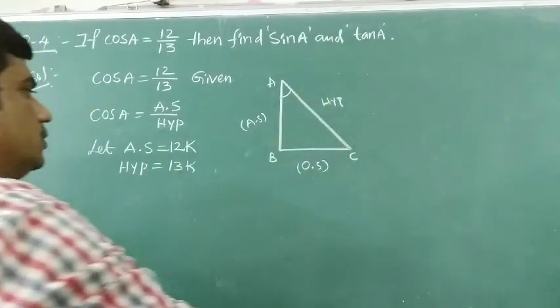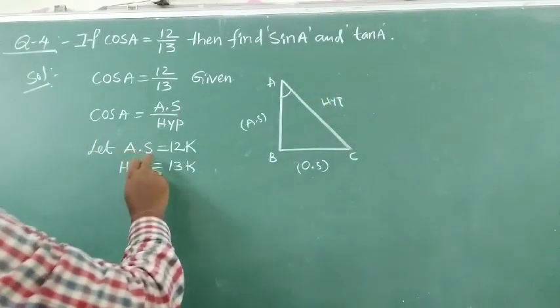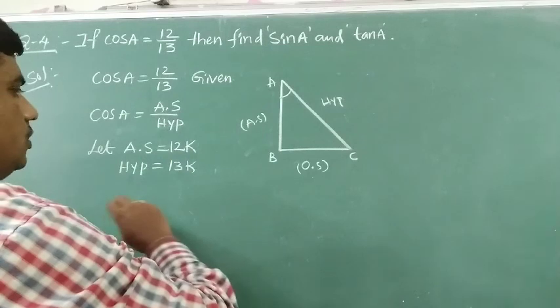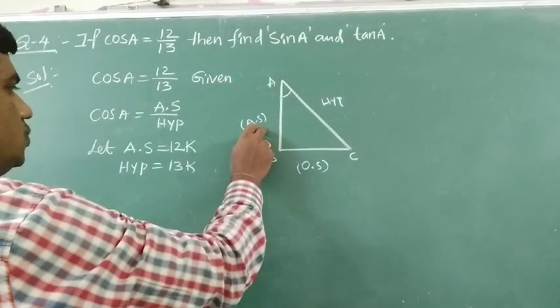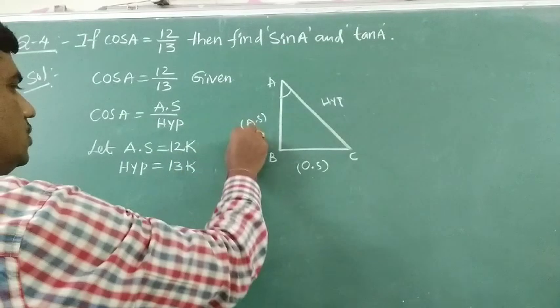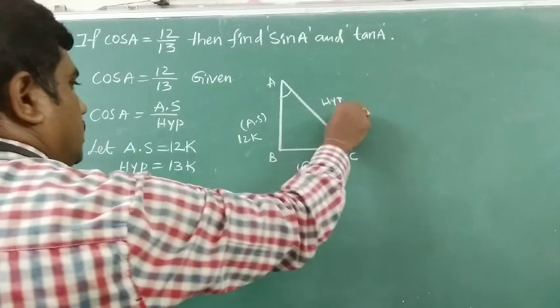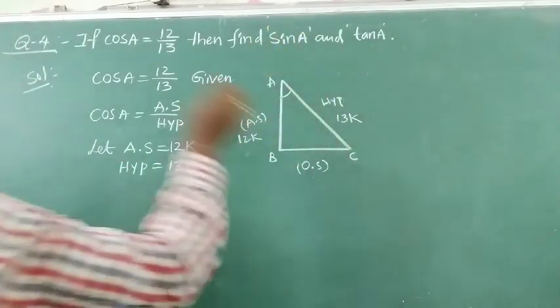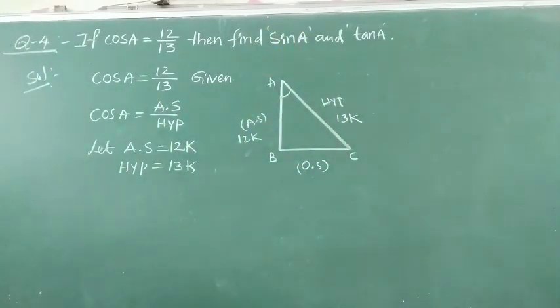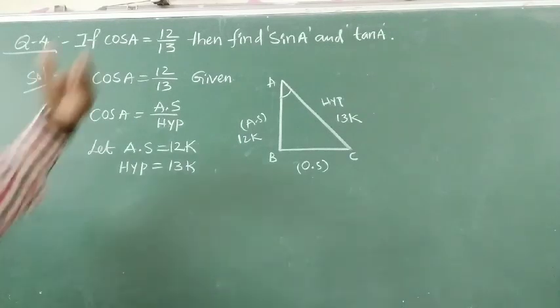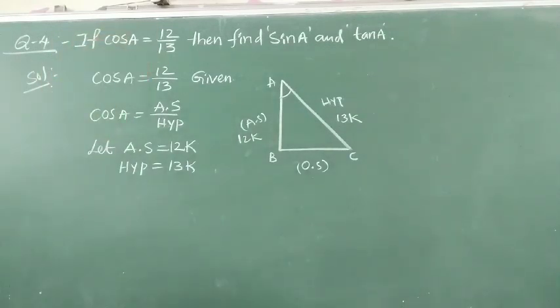Adjacent side is 12 times k, hypotenuse is 13 times k. Now we have to find the opposite side to angle A, then after we can find sin A and tan A.